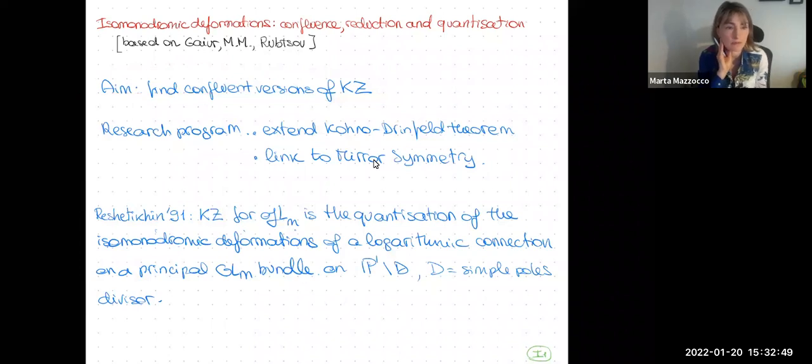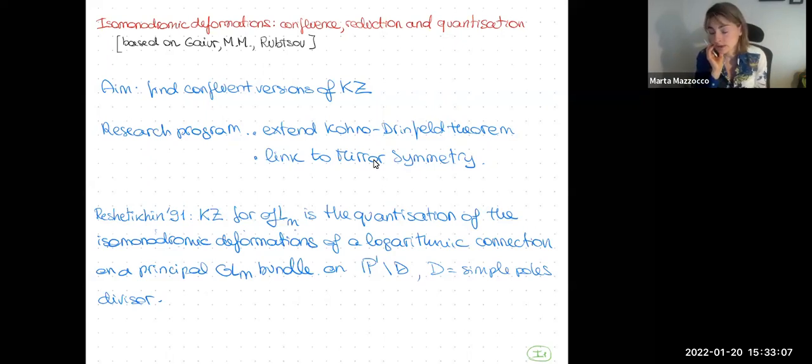KZ is a system of linear differential equations which arises in theoretical physics as the system of equations satisfied by correlation functions in conformal field theory. Having said this, we can completely forget about that.